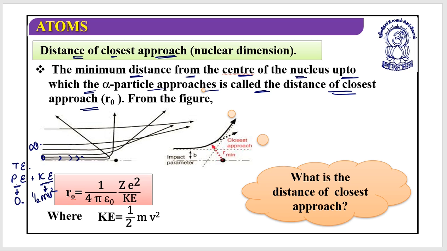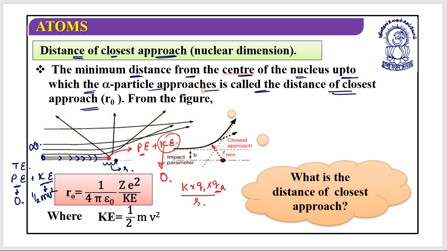When it moves in this direction, this is the location of the center nucleus, and this is r minimum. At this point the particle comes to rest, so it has potential energy plus kinetic energy, where the kinetic energy is zero and only potential energy remains. That potential energy is k times q1 times q2 divided by r.